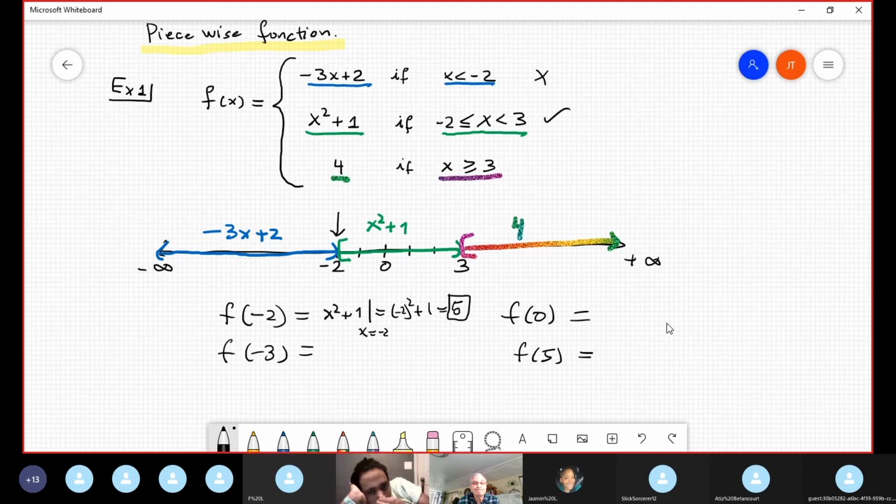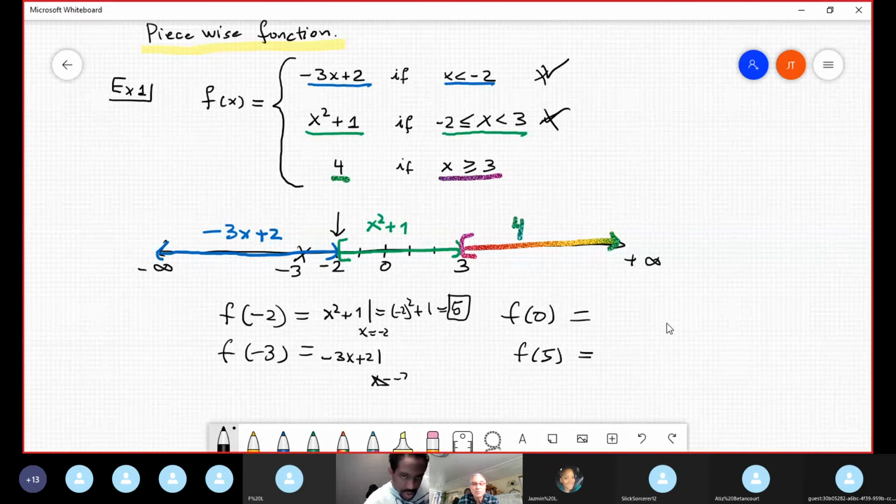-3. -3 is here. Look, -3. And -3 lies absolutely inside the blue interval, this one, not this. So, the selection is, you take the expression -3x plus 2, evaluate at x equals -3.